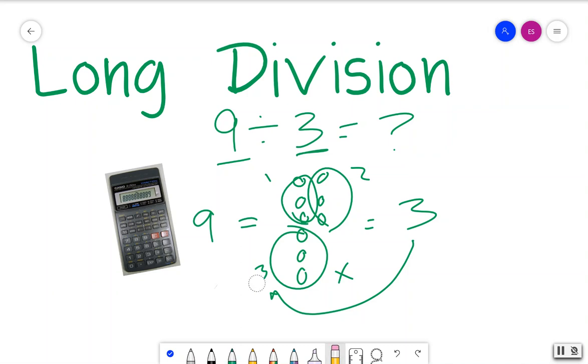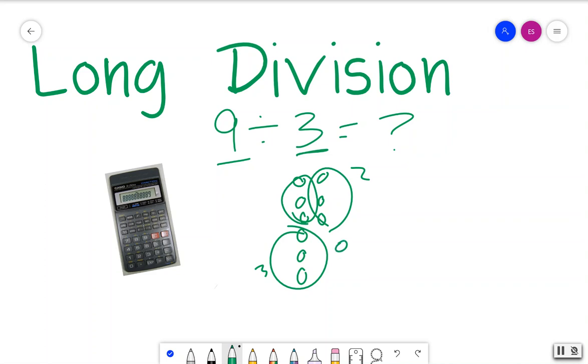Okay. But what happens if I have a number that does not go evenly? Let's say, for example, that I have 10. I have one more object out there. Well, now I have 3 even groups still, but with 1 left over. So I started with 10, I made 3 even groups, and now I have just 1 remain.